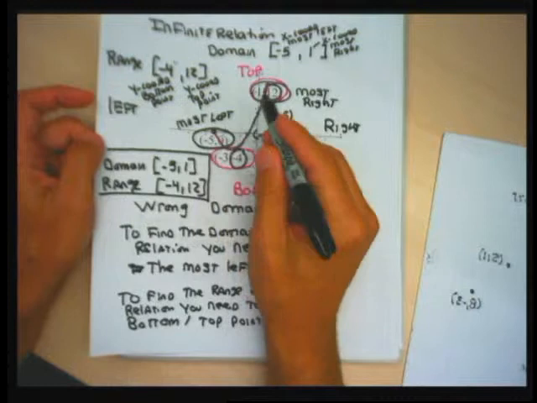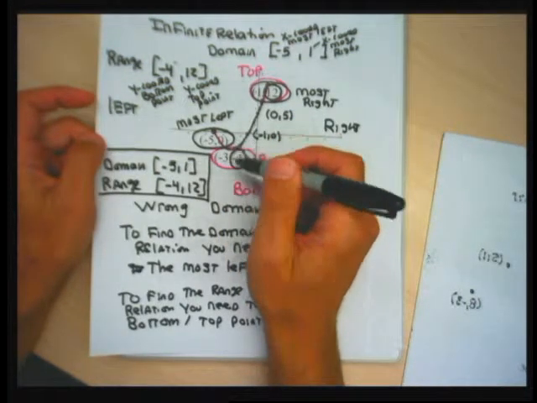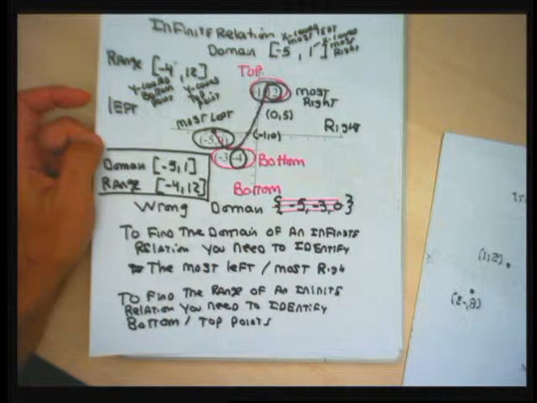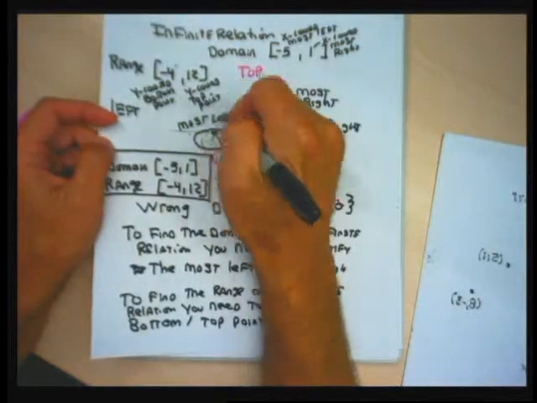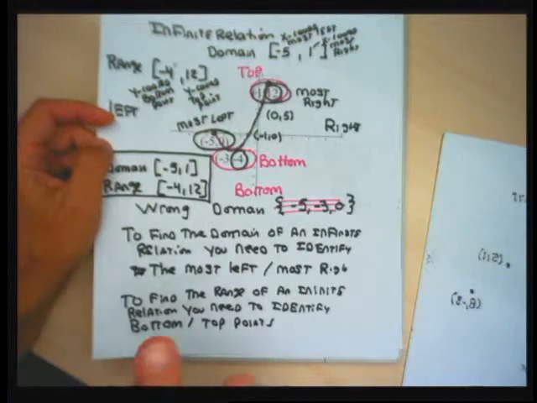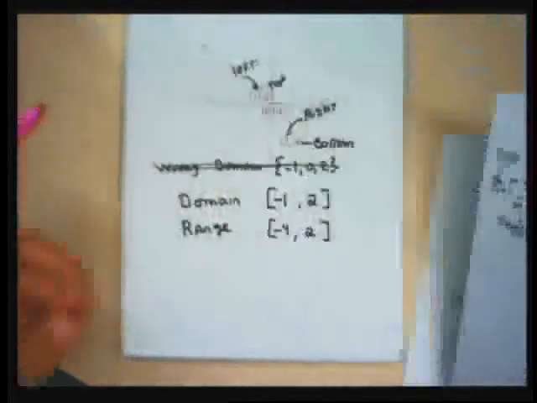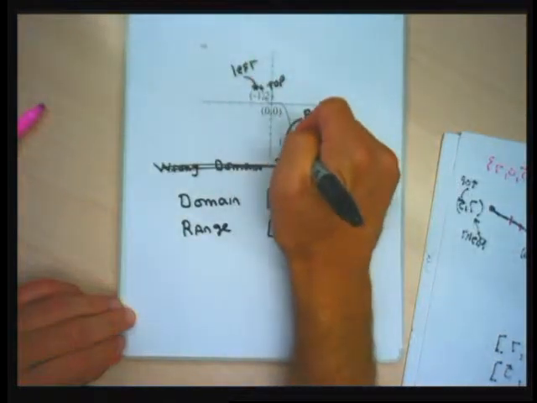We're finding the most left point and the most right point to find my domain, my bottom and my top point to find the range. If you've noticed, every graph that we've done so far that had the points connected had solid periods right at the end of each graph, which means the graph ends right where the last points are labeled.